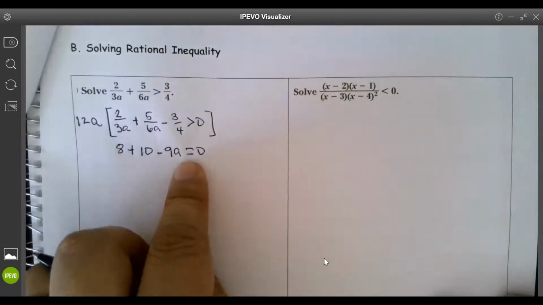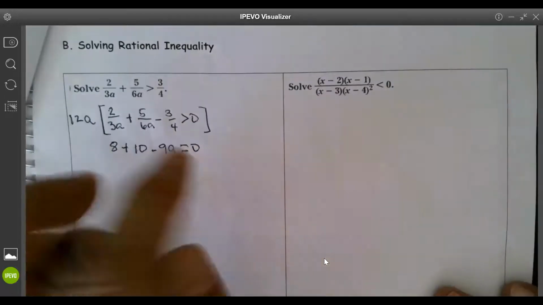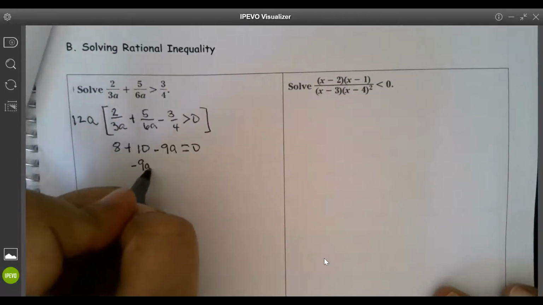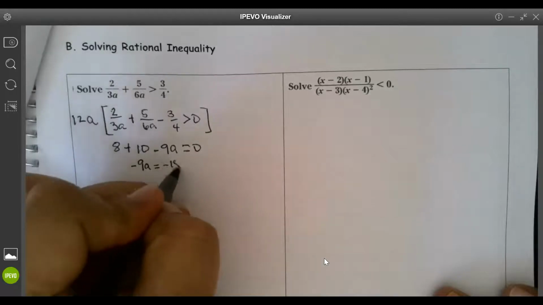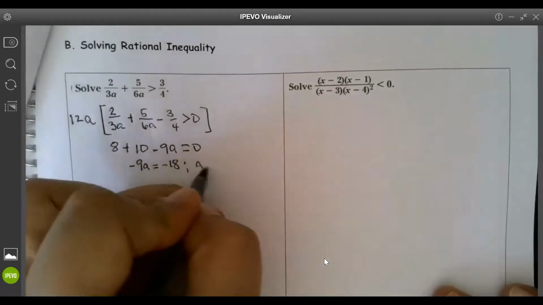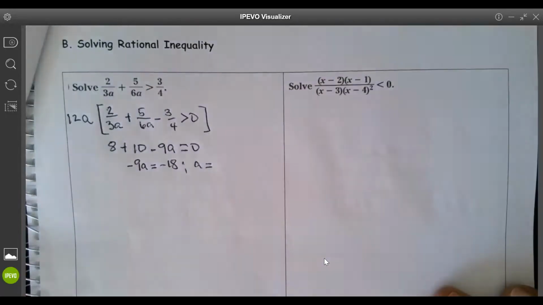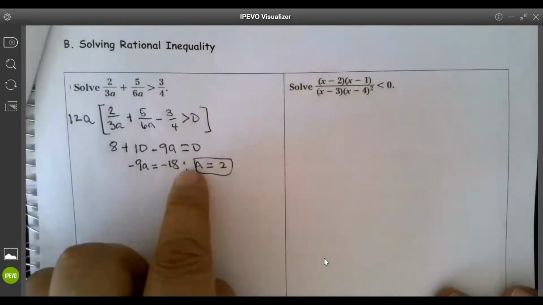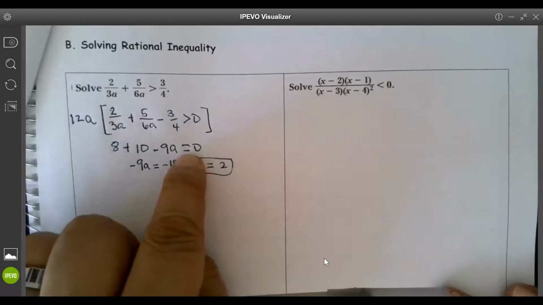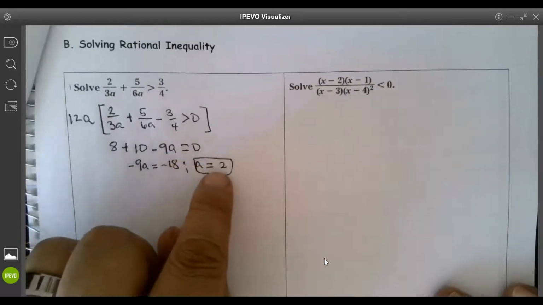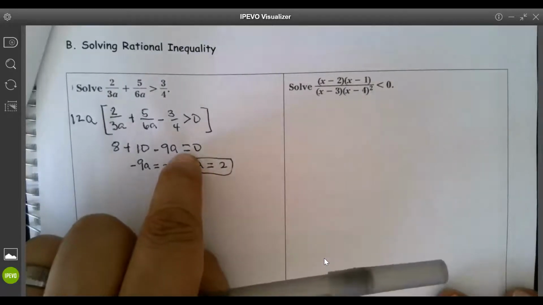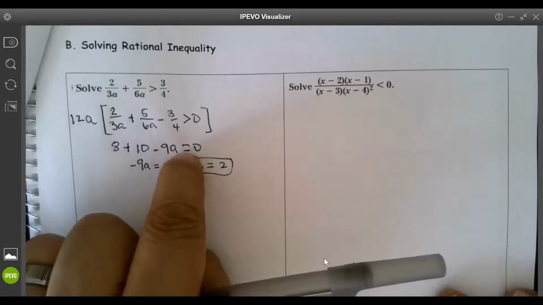Make that thing equal first. Okay, so solving for A, this one is negative 9A is equal to negative 18. So A is equal to positive 2. I repeat, because we are solving for A first, that's why we change this one to an equal sign.